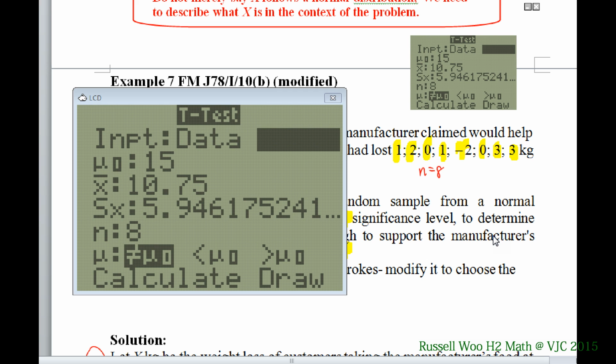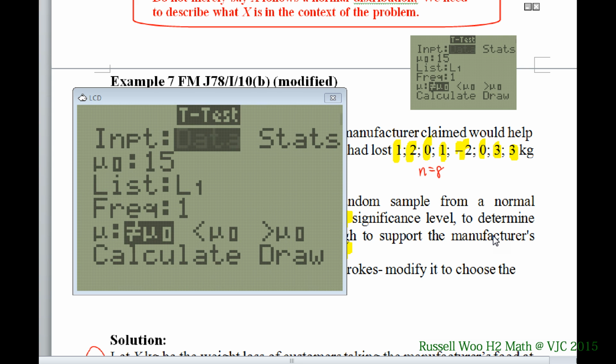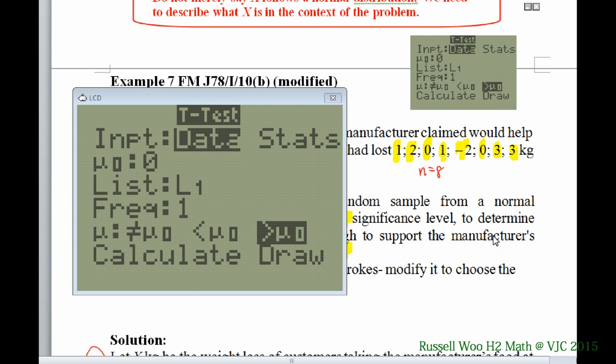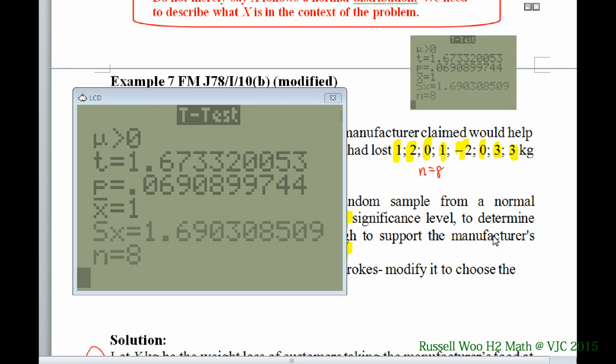Now this time, instead of choosing the statistic mode, you enter the data because you actually have individual data. Follow? So data. Now you want to test whether mu is 0, that means the weight loss is 0 or greater than 0. This time, you tell the GC that your data is in the list, and each data has frequency 1. And you do a one-tail test, and the GC will do everything here, including the calculation of the unbiased estimate.